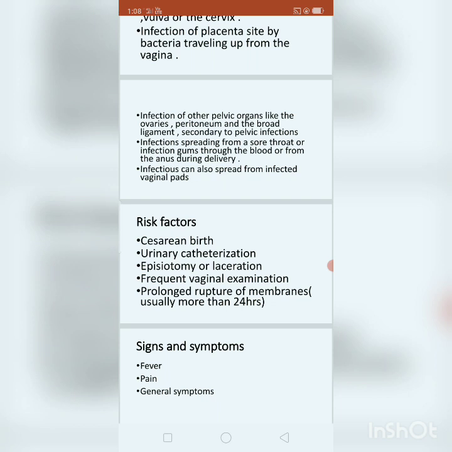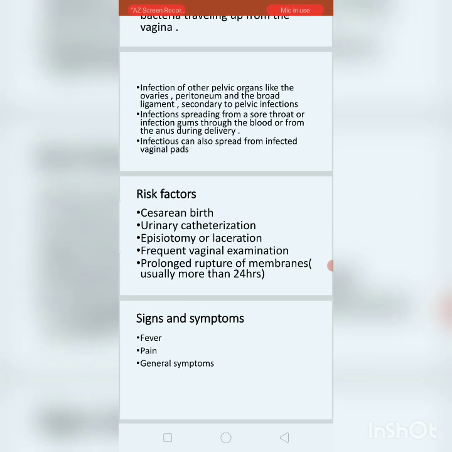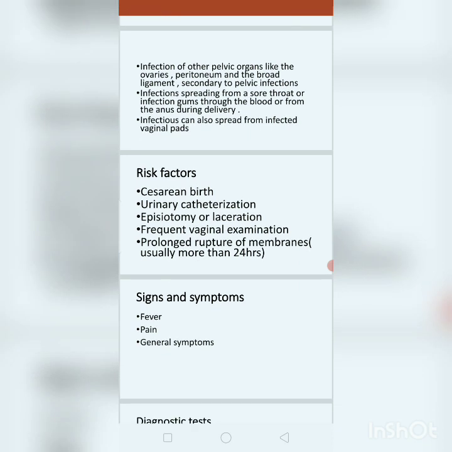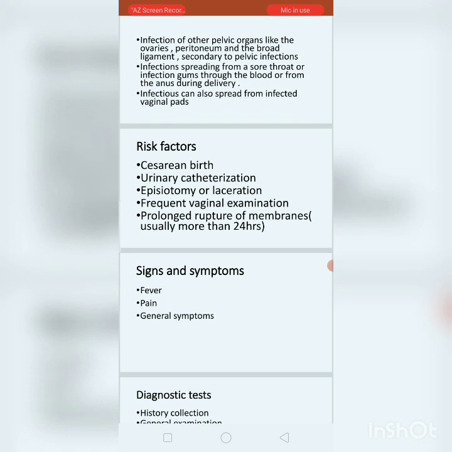Intrapartum risk factors are cesarean section, as I told before in the causes, using any unsterile instrument, urinary catheterization, episiotomy or laceration, frequent vaginal examination, and prolonged rupture of the membrane, usually more than 24 hours.